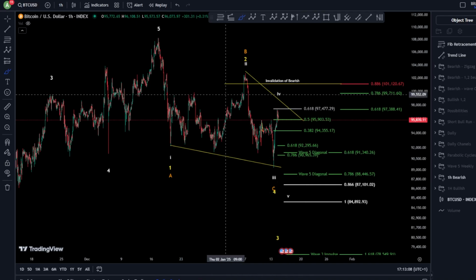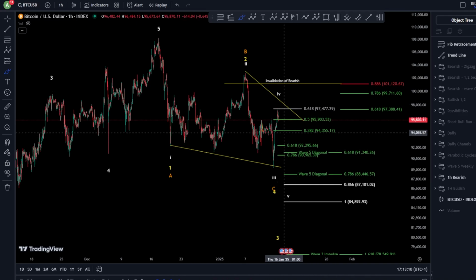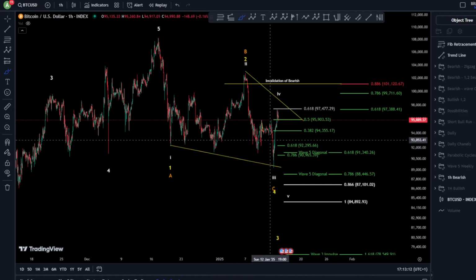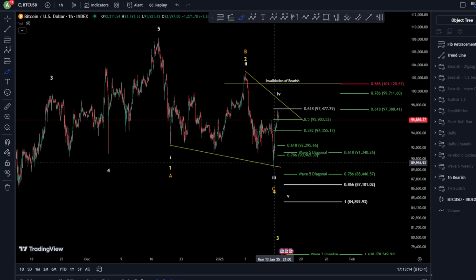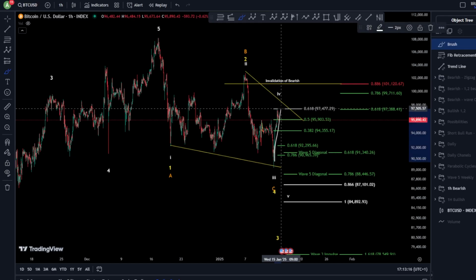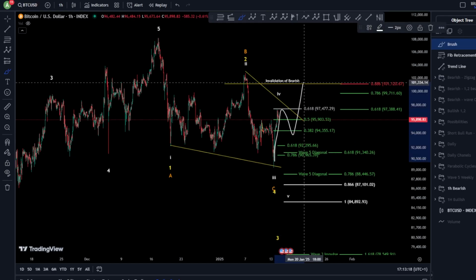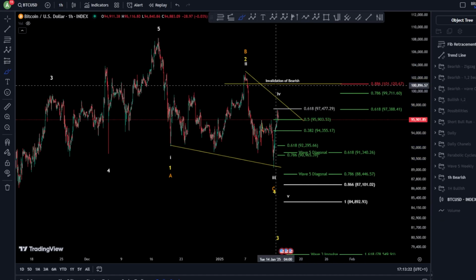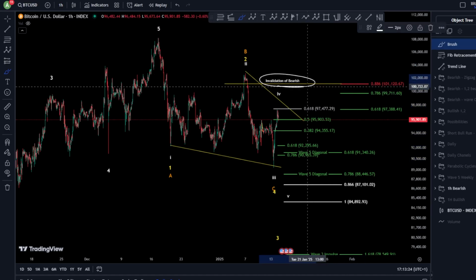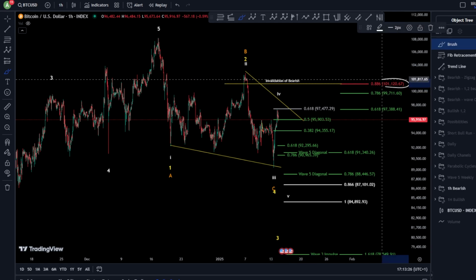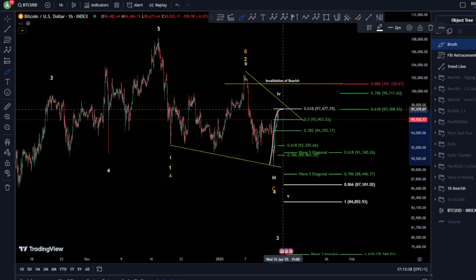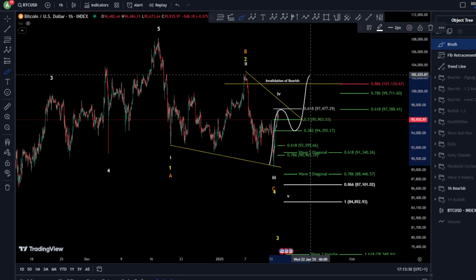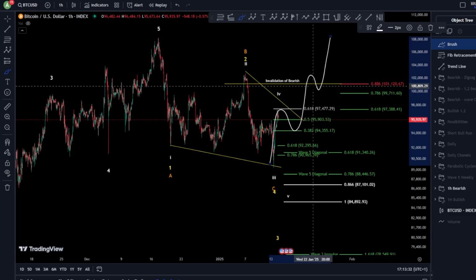Now, as we can see, the bullish scenario still has the possibility of a 1, 2, 3, 4, and a 5. As a bullish scenario, you would like to hit this invalidation level, which is at 101k. By hitting it, it doesn't mean that we're moving directly towards the upside.